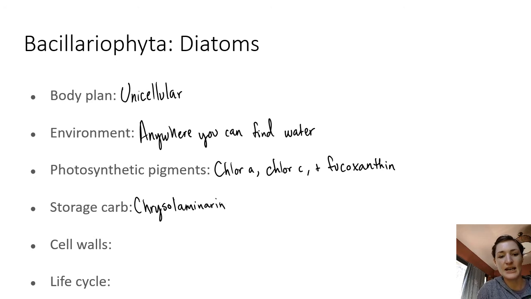Brown algae had laminarin, so I just think chryso like crystalline, even though it's probably meaning that it's orange or something. But the chryso for me I think of as crystalline because diatoms have these glassy cell walls, so they have a frustule, which is like a two-valved shell-like structure made of silica.